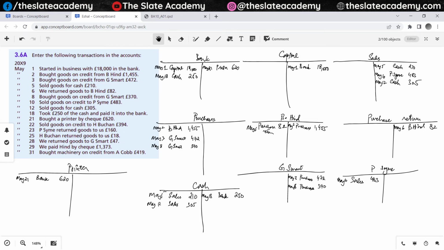Then we sell goods to H. Buchan. So H. Buchan debit, sales credit. Okay, let's make H. Buchan's account. Where? Just below B Smart, G Smart. H. Buchan. How much? Transaction 394. So H. Buchan debit 394, 395, 394 it is.